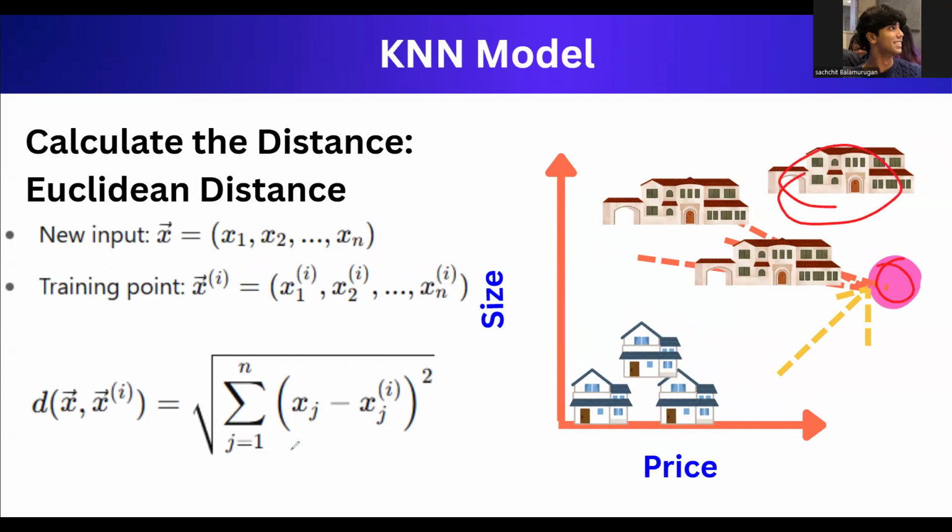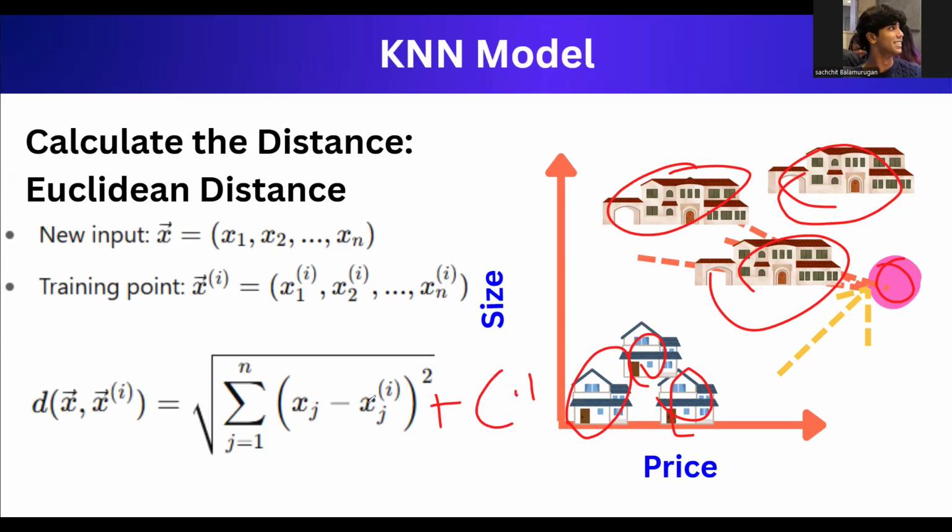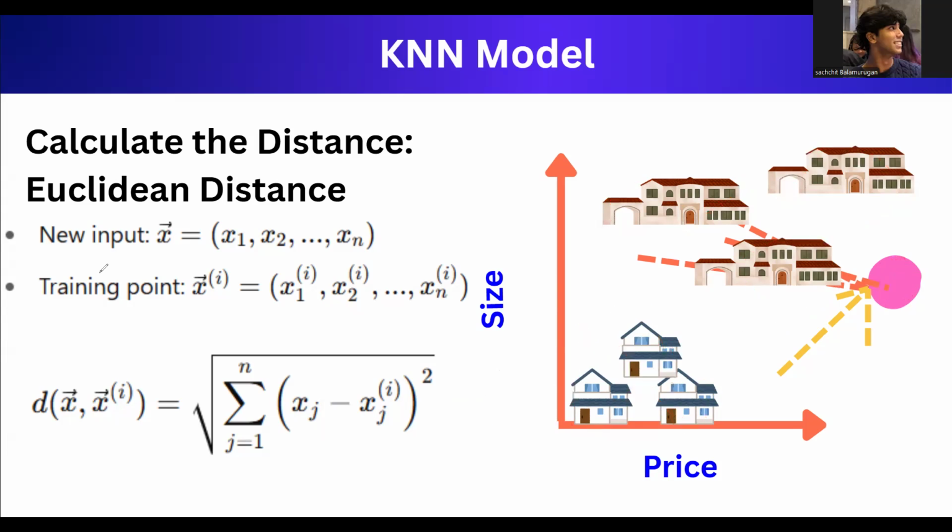And then we're adding each of the points up. That's what the summation is. We're adding all the different points inside the square root. So point one, point two, we're getting the distance and adding it. That's how this works. And then we do a square root to calculate the distance.